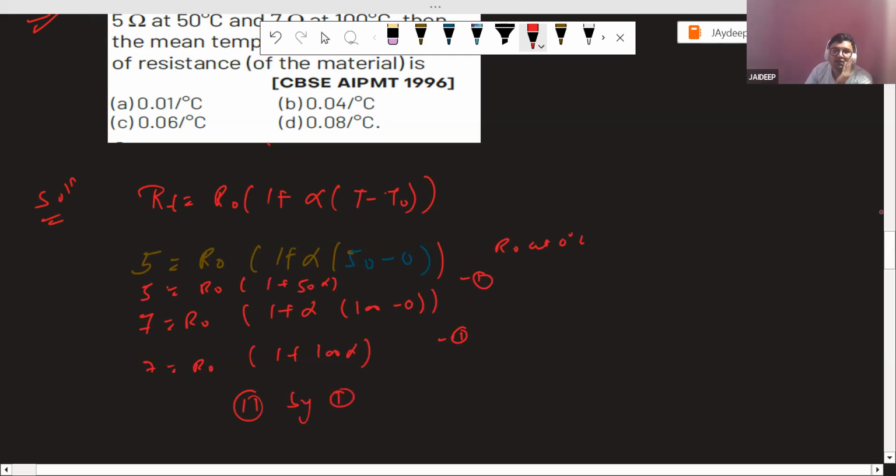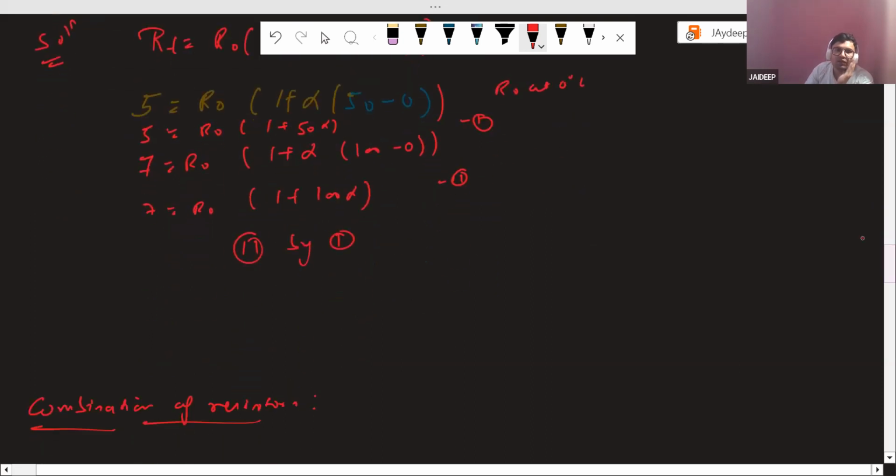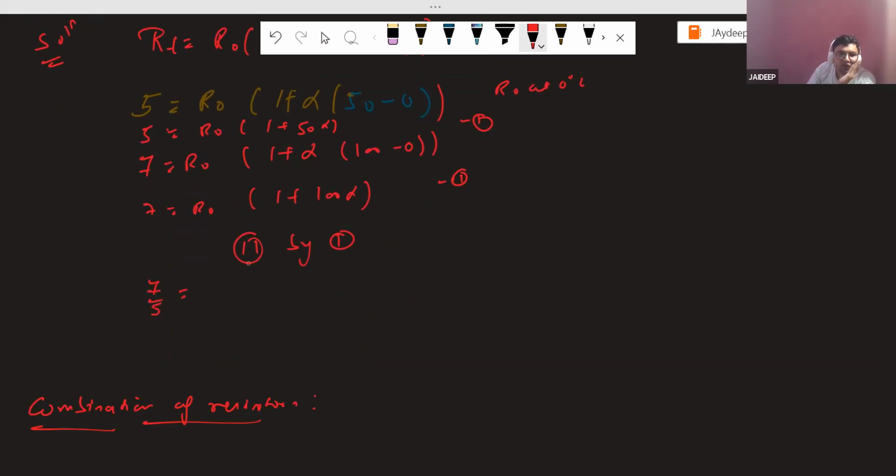Is it clear till here, everyone? Farhat, Maimuna, Saifullah, is it clear till here? Yes, sir. Now divide. 7 over 5, R0 will cancel out, equals 1 plus 100 alpha over 1 plus 50 alpha. Please solve. This is 7 plus 350 alpha equals 5 plus 500 alpha.